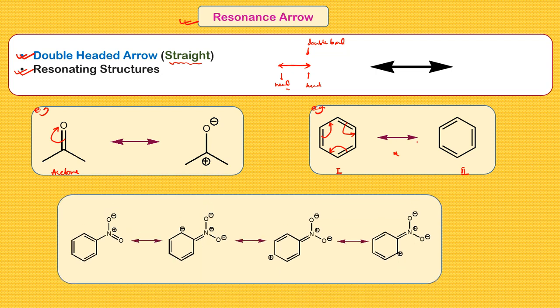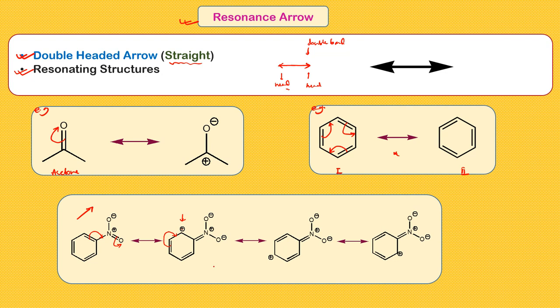As we know, there are also possibilities that the electrons shift from the ring towards an electron withdrawing group or an electron donating group, which can also be represented with resonating structures. Here we observe the electrons moving from this ring towards the electron withdrawing group over here, and we see the formation of a carbocation, and this carbocation will be delocalized with the help of resonating structures.